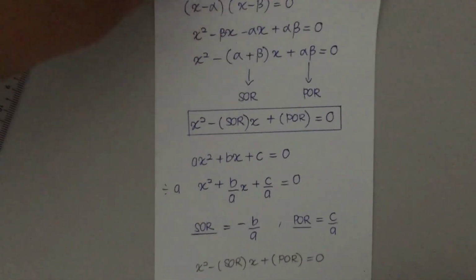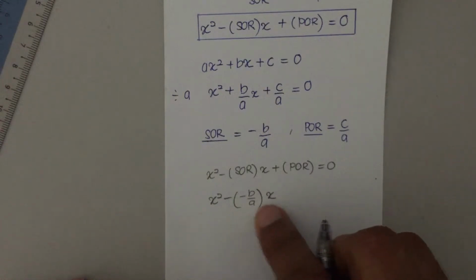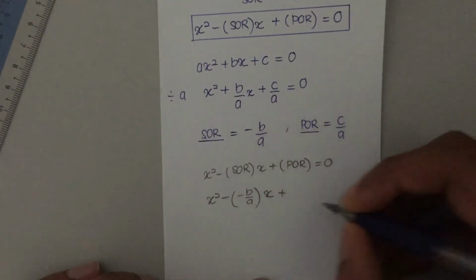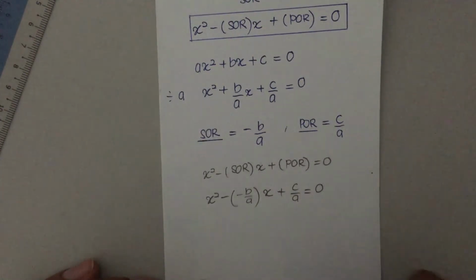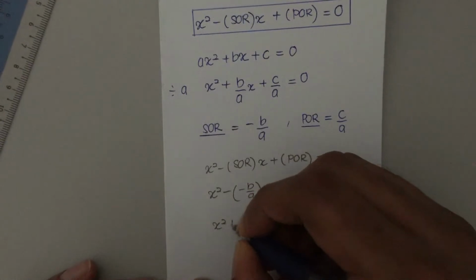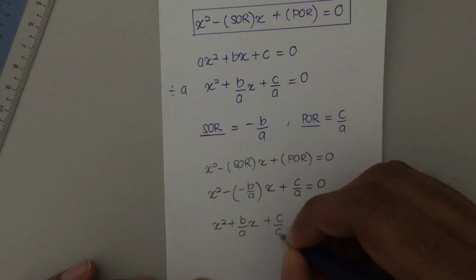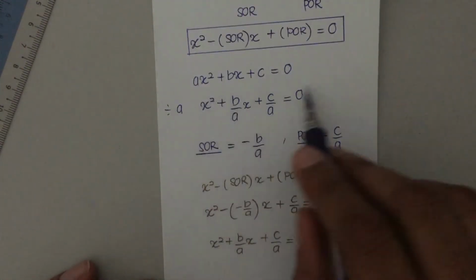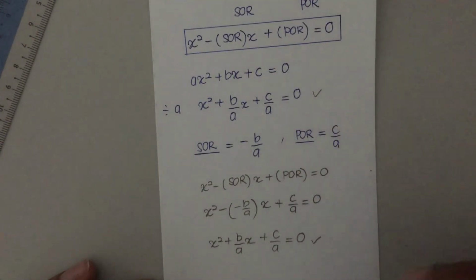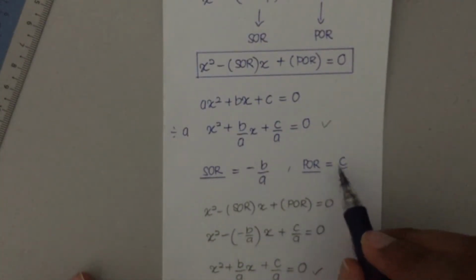So x squared minus (negative b over a) x plus c over a equals 0. When you solve this, you should get x squared plus b over a x plus c over a equals 0. As you can see, this and this expression are the same. So it is proven that your SOR is equal to negative b over a and POR is equal to c over a.